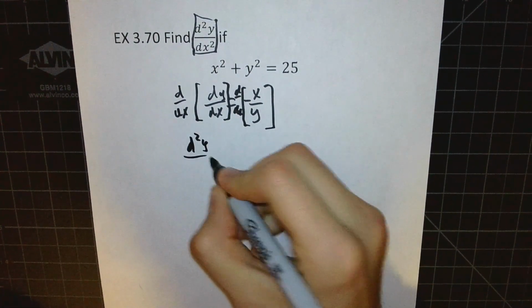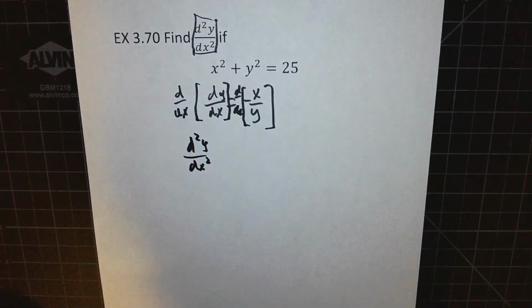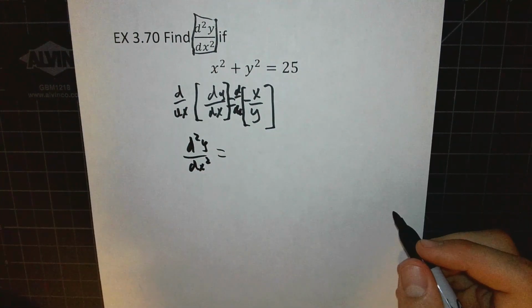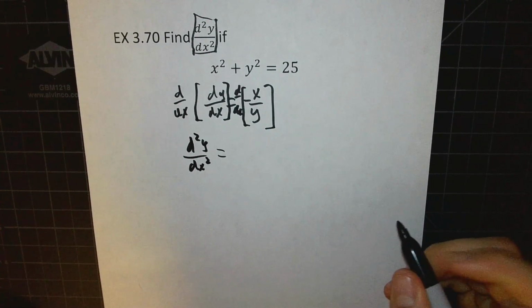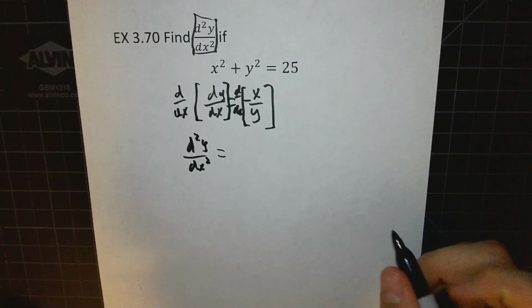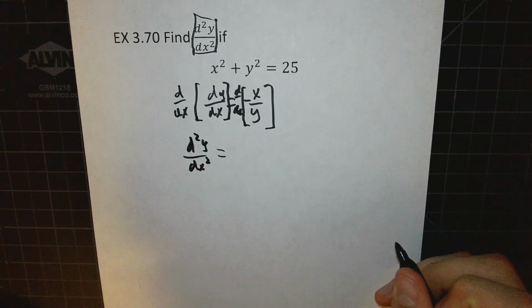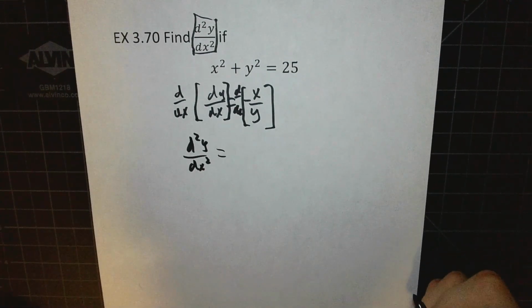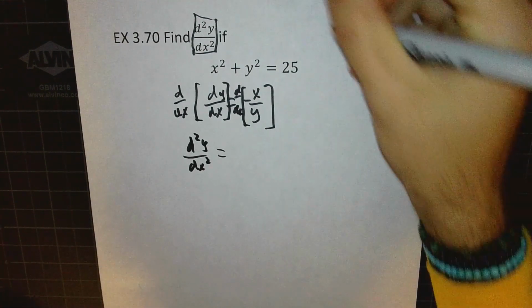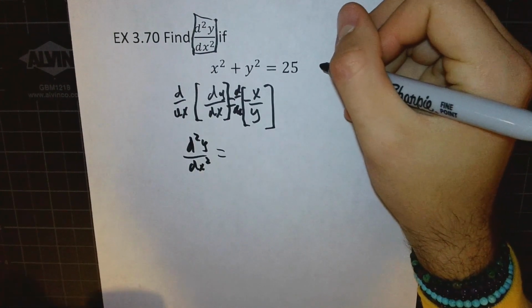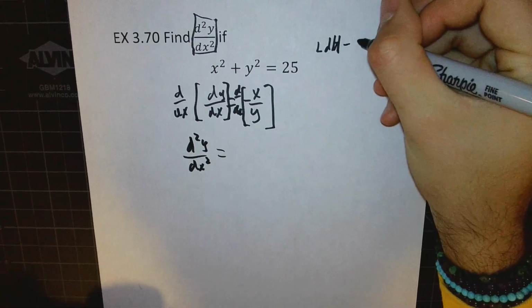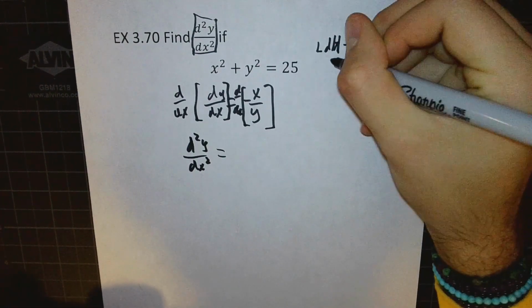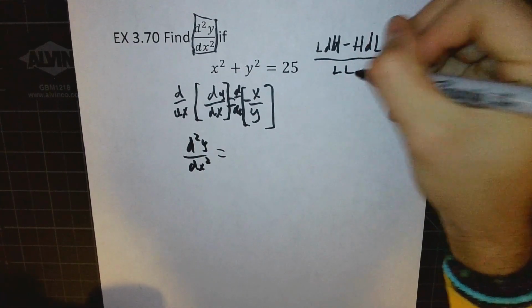So d squared y over dx squared is equal to, now we can do quotient rule or product rule here, because we can play with location and then do some other things, but I think we're going to do a quotient rule. So we have our time-honored tradition of low d high minus high d low over low low.